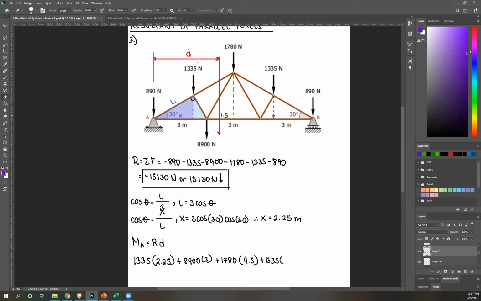Again, it's symmetrical, therefore if this is x, this is also x. x is equal to 2.25 and the entire span is 3, so the remaining length is just 3 minus 2.25, which is equal to 0.75. So the distance of 1335 from A is 3 plus 3 plus 0.75, that's 6.75.